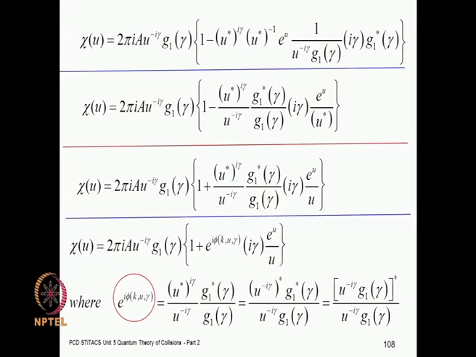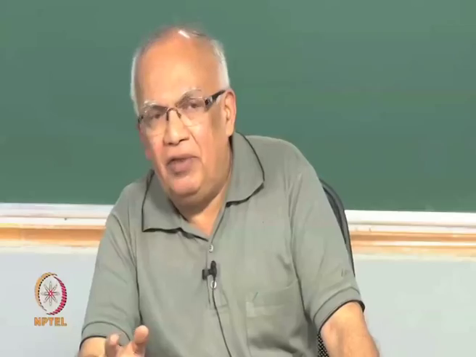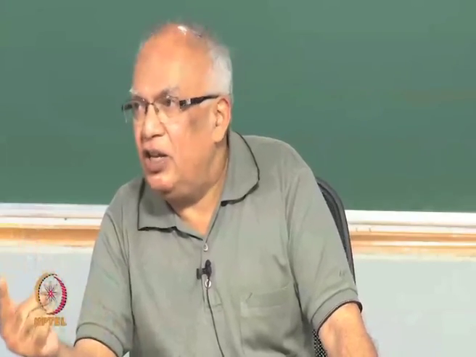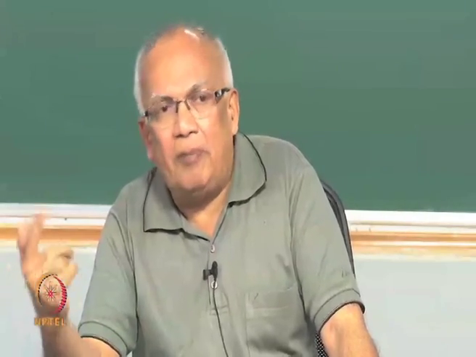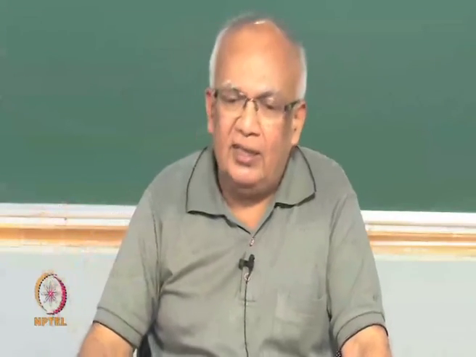Now, this is just to finally get a form. What we have done, using our notations, most places we have stayed very close to the notation in Sakurai. Wherever we have departed, we have this additional phase, the uppercase capital theta, which I had introduced. Other than that, it is exactly the same.